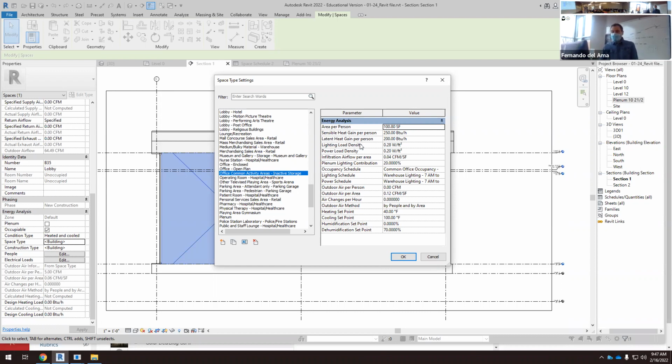Then lighting load density. Again, these are watts per square feet. The watts per square feet is the amount of energy that we need for the artificial lighting in this lobby. So we can check all these values. Again, what's the lighting?